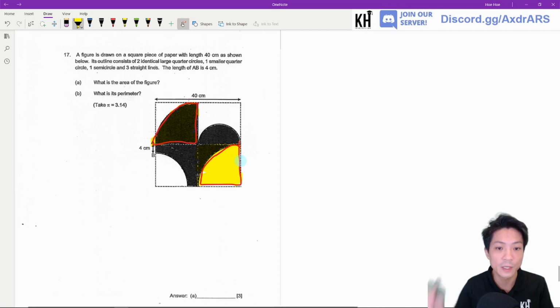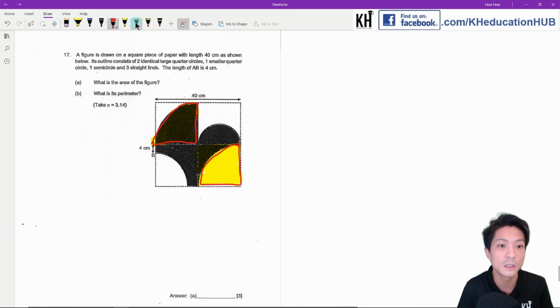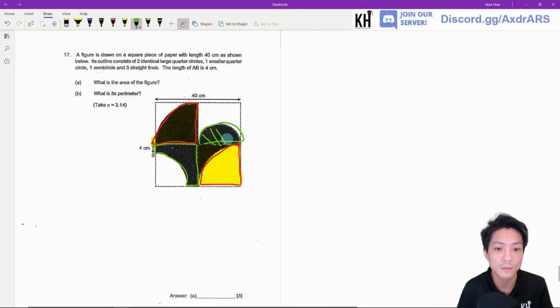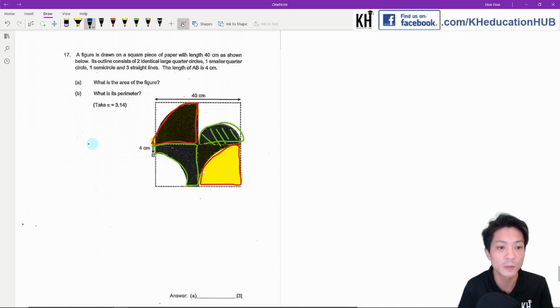It's the area of a square. Okay, so what I need to find is here plus this. Okay, so area of the square, we can find it last. Let us find the area of the semicircle first.